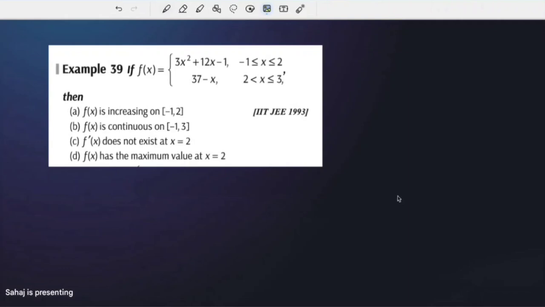These are called piecewise defined functions. And here you have to find which of these statements is true. Would you like to give it a try?